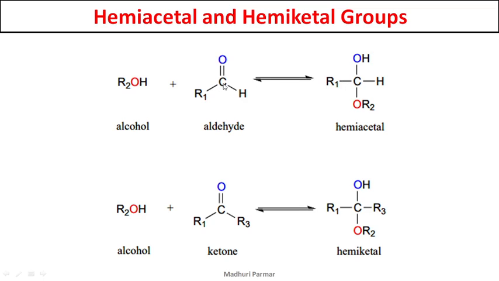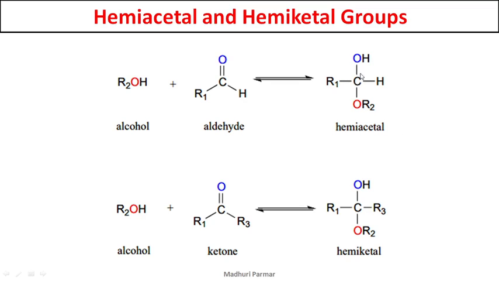With that C will be your OR2. Here from this oxygen, your carbon will get attached. So you have OR2. On the other side, this oxygen, which lost one double bond, will get a hydrogen from the alcohol and becomes OH. And here you already had an H. So this is called the hemiacetal group.